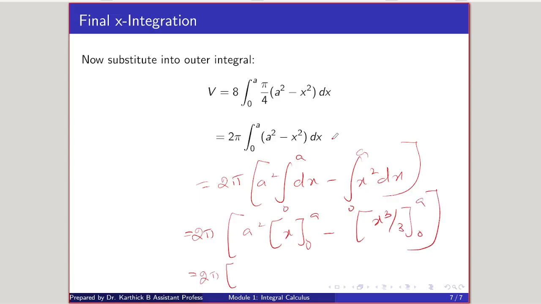So finally here it will be a cube minus a cube by 3. If I simplify this with the 3, it will be 3 a cube minus a cube, that is 2a cube. So at last, 4 pi a cube by 3.